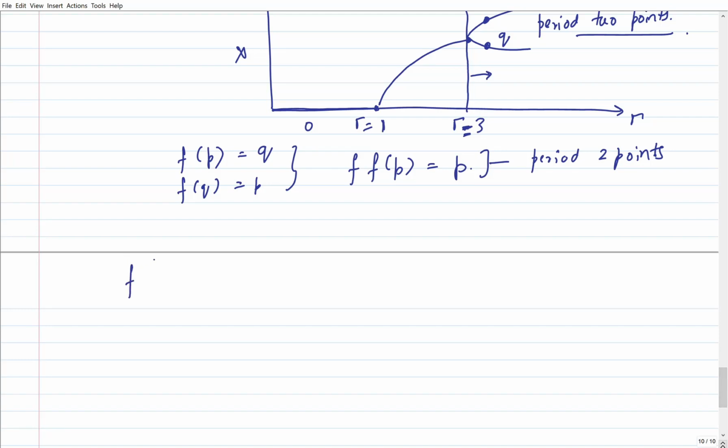And of course, I can solve for this guy algebraically. I'll just plug in again f of p.